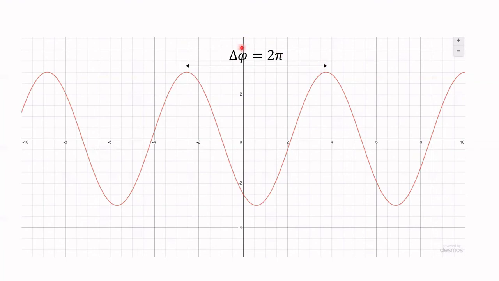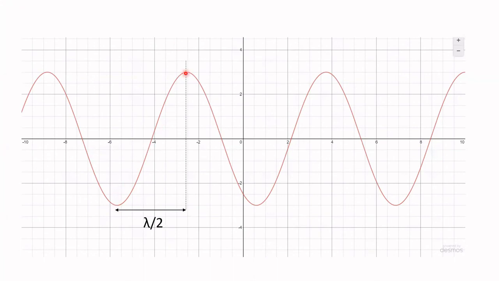So delta phi is the phase difference. There's a particular phase associated with this point on the graph. Another phase is associated with this point, but the difference between those two numbers is what we call the phase difference. And you want to get to the point where it's easy to just visualize a half wavelength, a quarter wavelength.